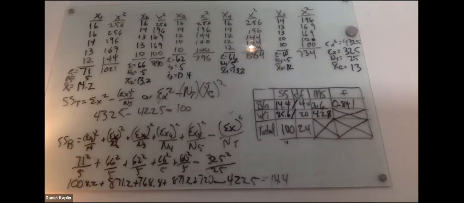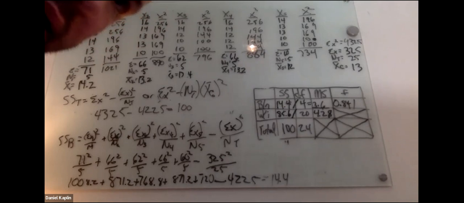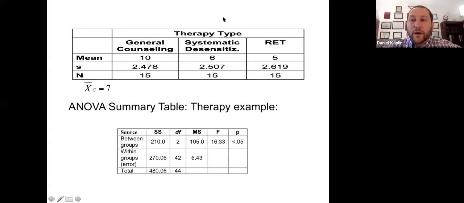So now I'm going to go back into the lecture and I'm going to press pause here and pull up the slides again. All right, so that was the demo of how to calculate it by hand, but you're always going to have an ANOVA summary table. So let's go back to the example from our slideshow.